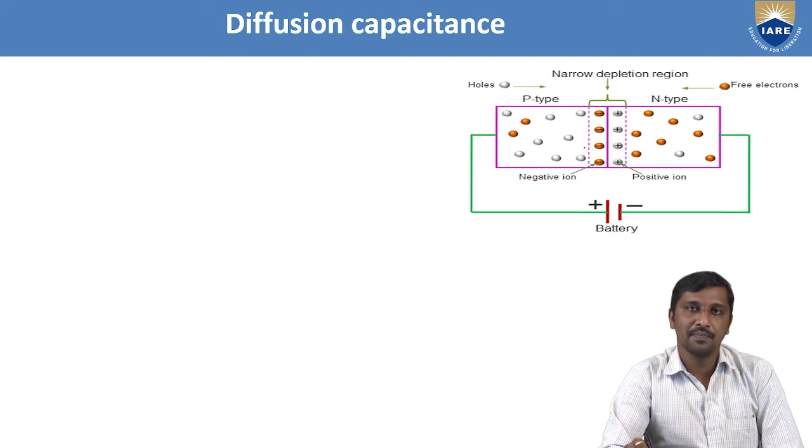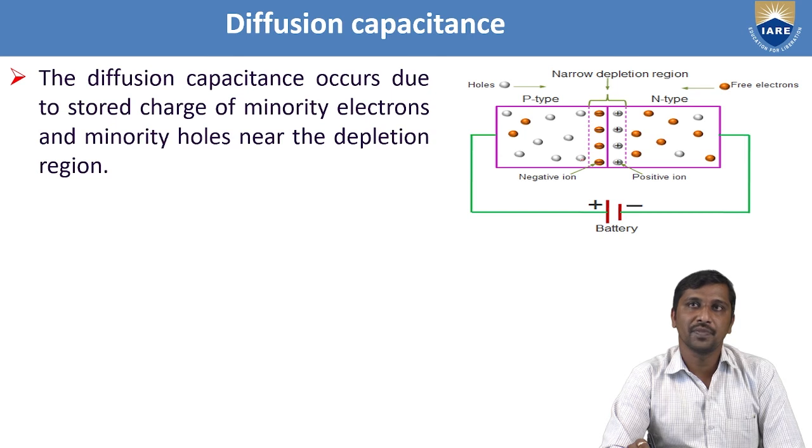So that is the reason. And before it recombines in the other region, those minority charge carriers generate a charge nearby the junction, and the rate of change of that charge with respect to the applied voltage gives us the diffusion capacitance of the p-n junction diode.